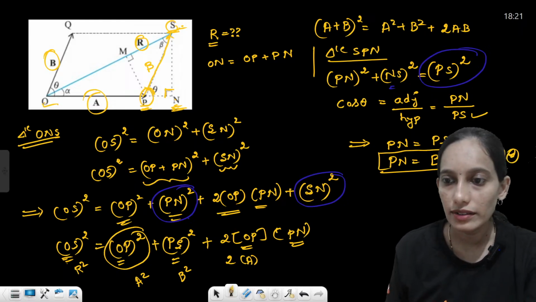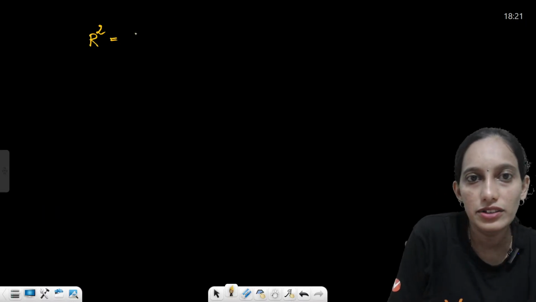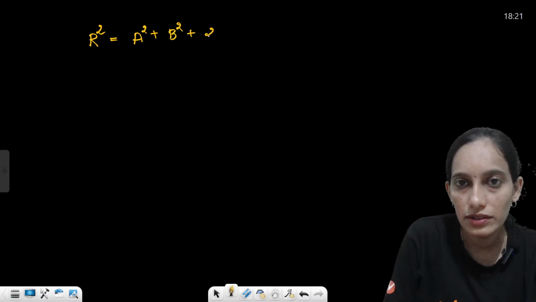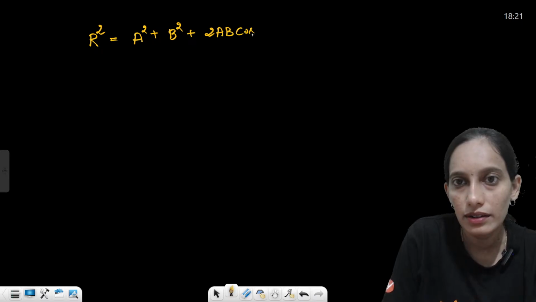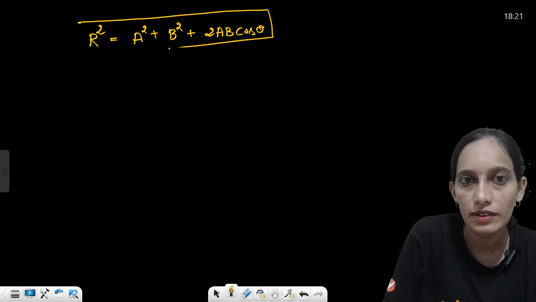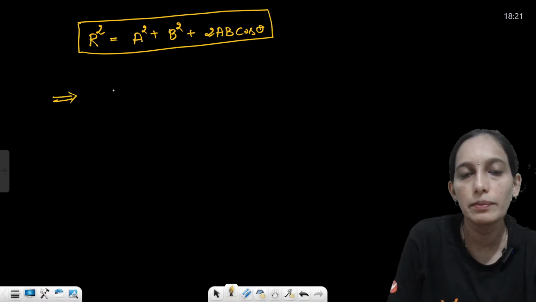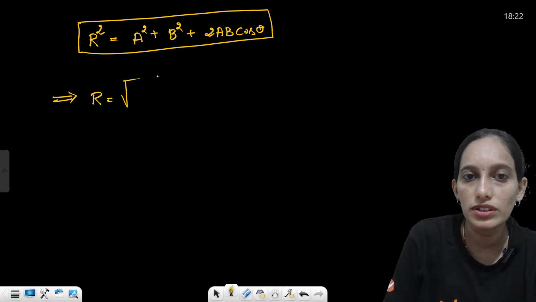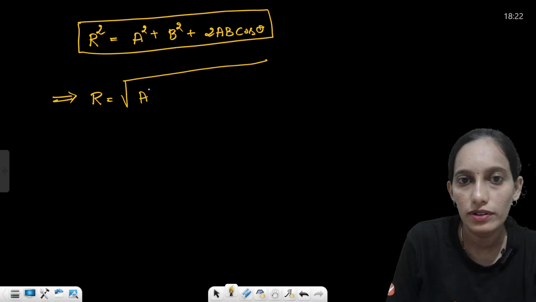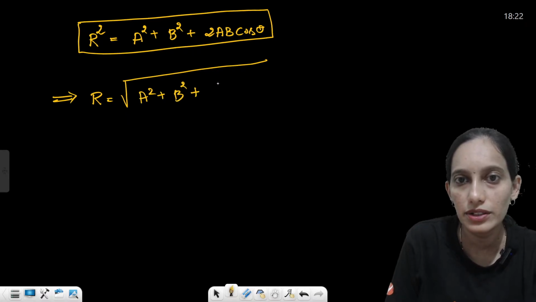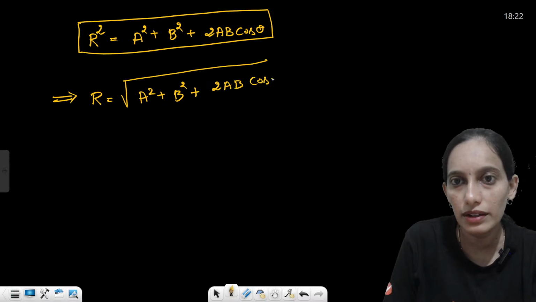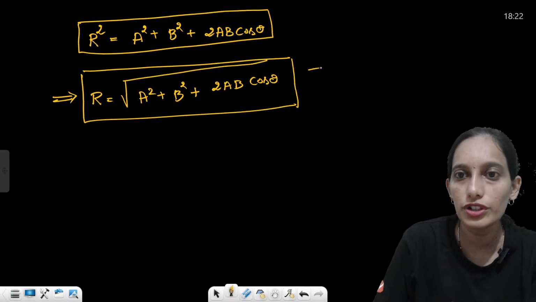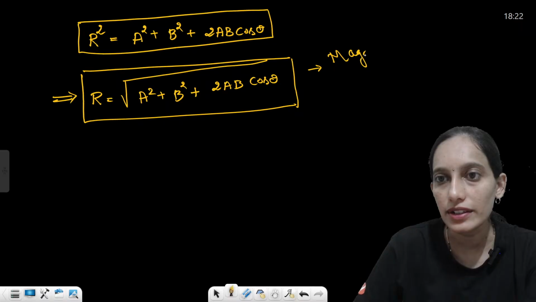All together, R square is equal to A square plus B square plus 2AB cos theta. This is R square, but we want the magnitude of R, so taking the square root on both sides, R is equal to the square root of A square plus B square plus 2AB cos theta. This gives us the magnitude of the resultant vector.